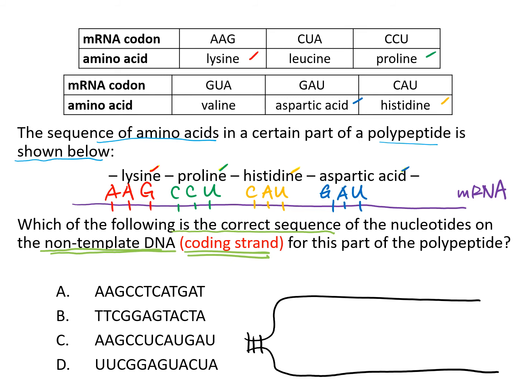Draw out the DNA into two separate strands, with the lower strand as the template and the upper strand as the coding strand, and in the middle part, you have the mRNA. And now, what do you know about the mRNA? It has the AAG sequence, and then the CCU codon. Okay, write it out.